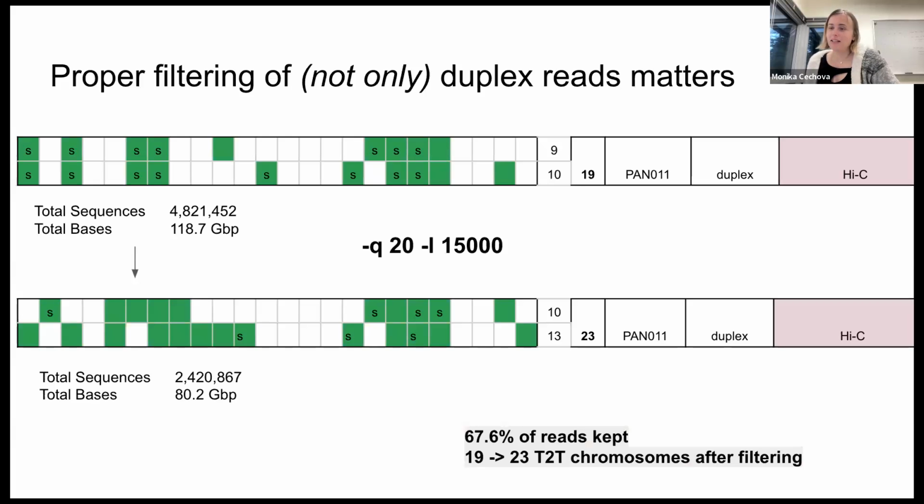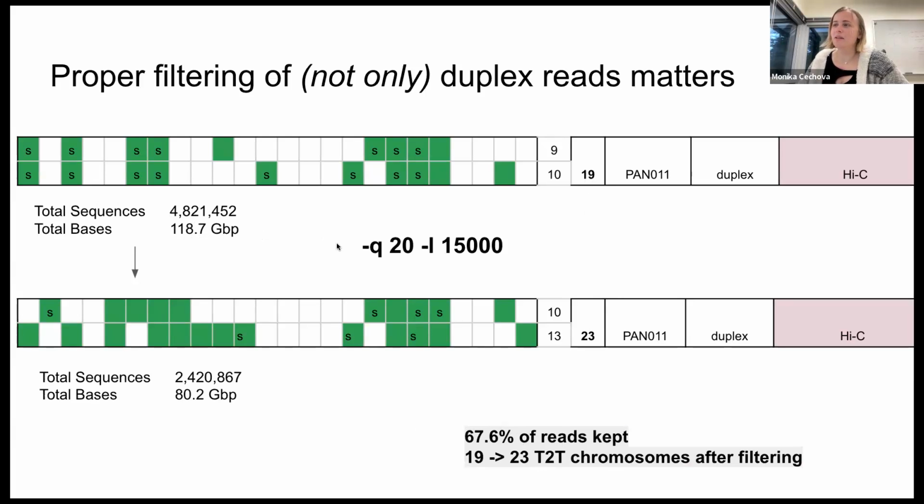Also, filtering of the data matters. In this case, I'm showing 2 assemblies. The one on the top assembled 19 T2T chromosomes. The one on the bottom assembled 23 T2T chromosomes. But the main difference is the filtering of the input reads. On the top, you can see that I used 118 gigabase pairs of data, but those were just raw data, how they come out of the sequencer.